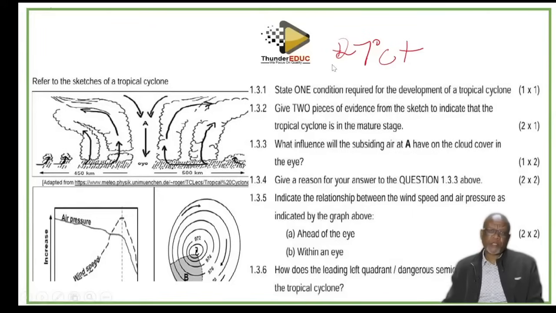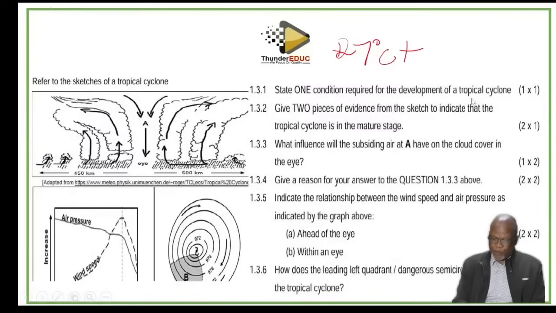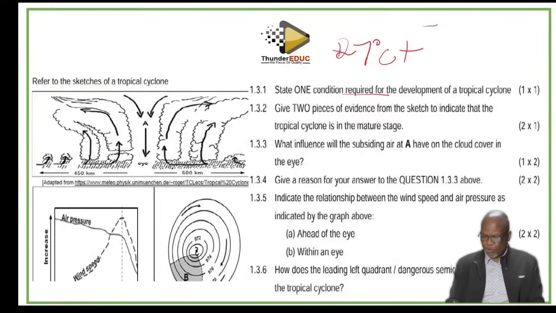And where will the tropical cyclone get its energy from? It will get its energy from latent heat. So those are the conditions that are required for the development of a tropical cyclone: ocean temperatures of 27 degrees and above, and Coriolis force.